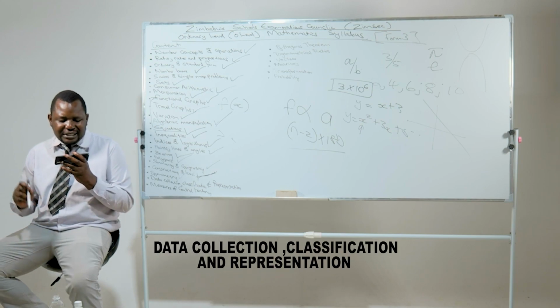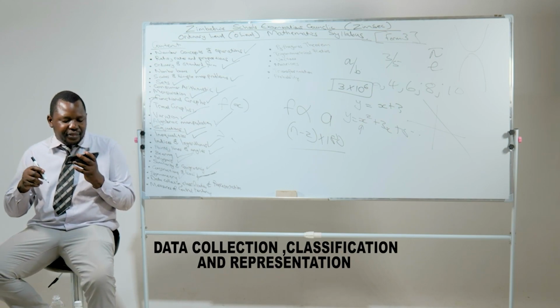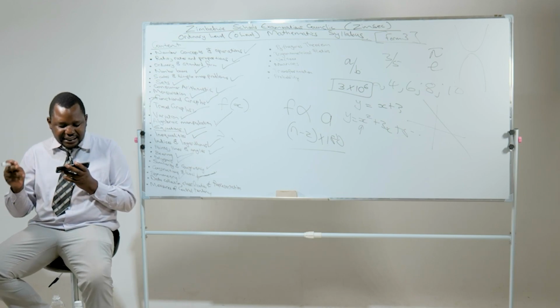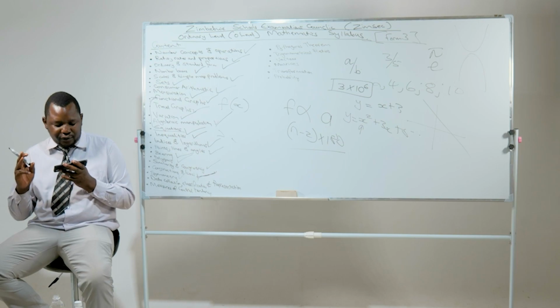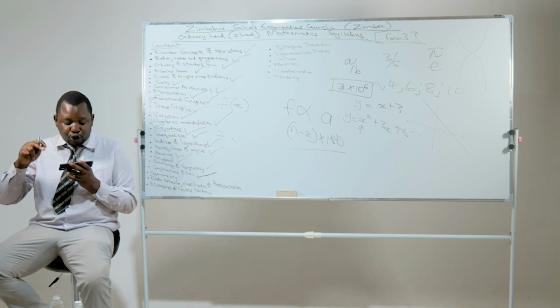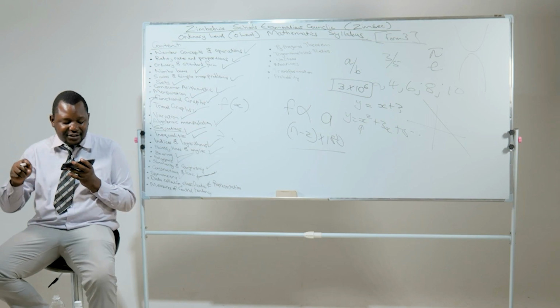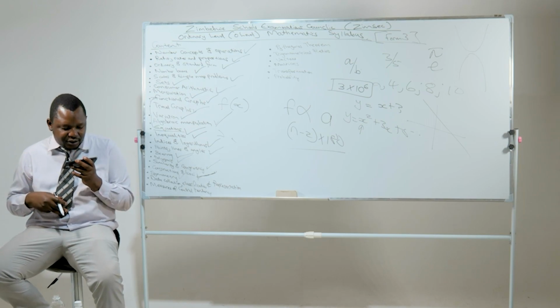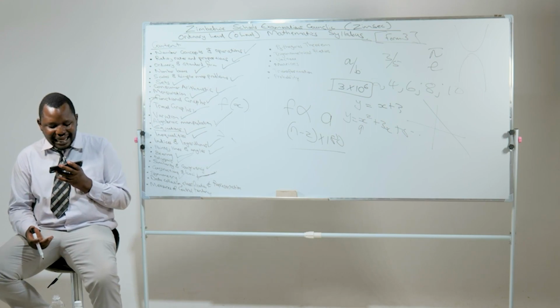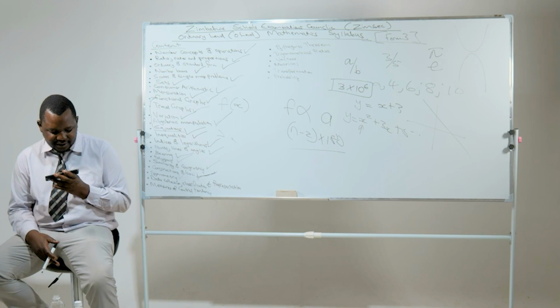Third objective, we need to state the class width for the grouped data. We need to construct frequency tables. Then the next objective, we need to draw my bar charts, my pie chart, my histogram, and my frequency polygons. We also need to analyze information on the graphs.